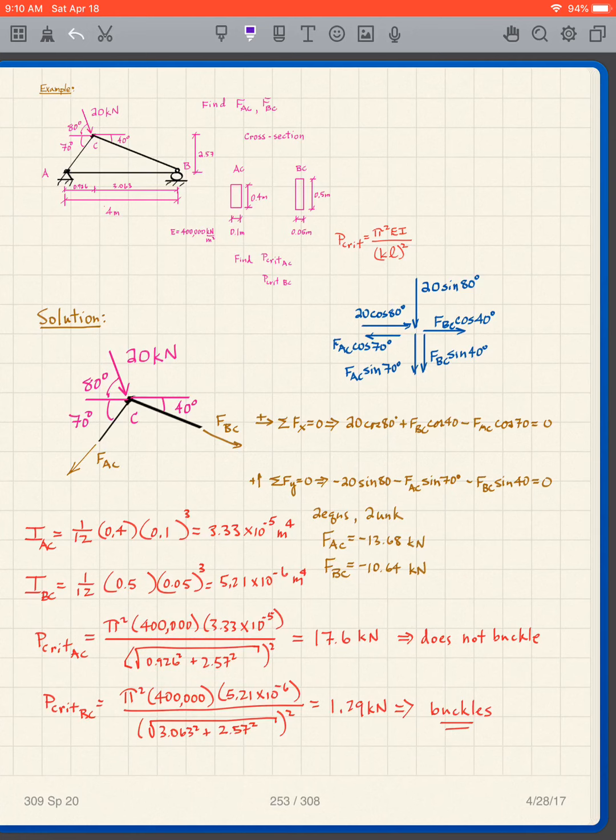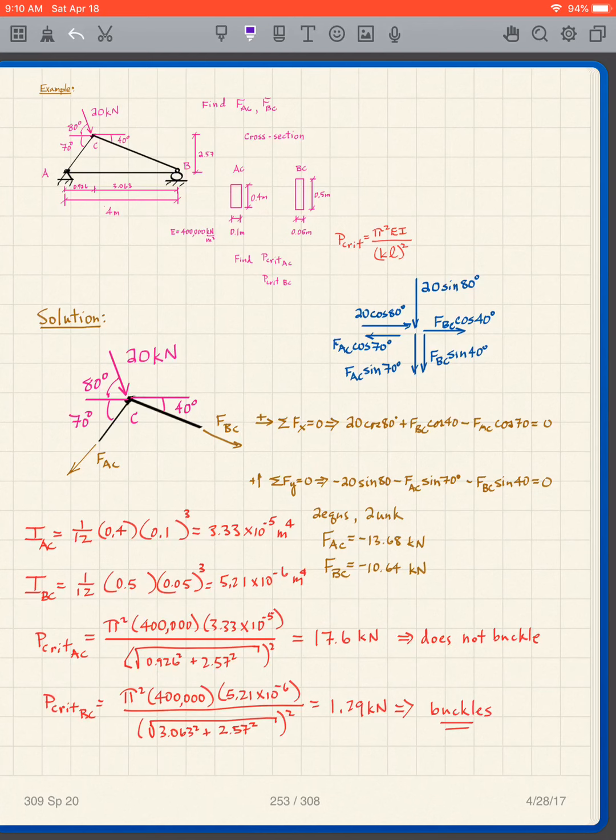I'm not going to go through it. You can all use geometry and the Pythagorean theorem, the square root of the sum of the squares of the legs, to get the length of that member, and I get 17.6 kilonewtons. So that's the property of that member.